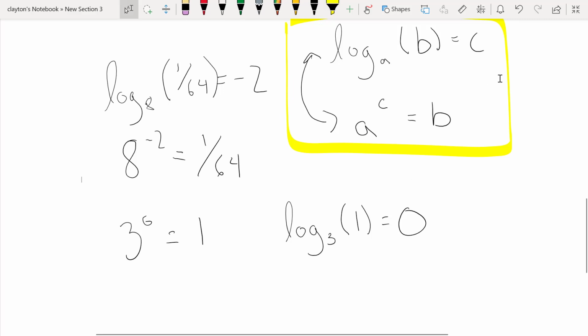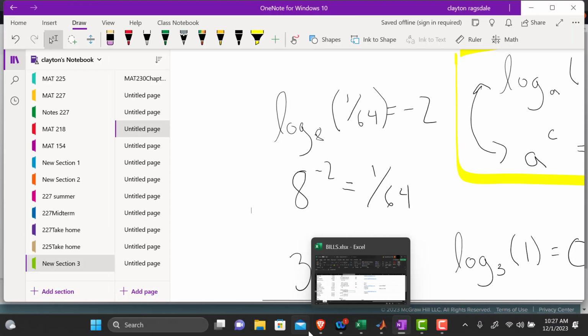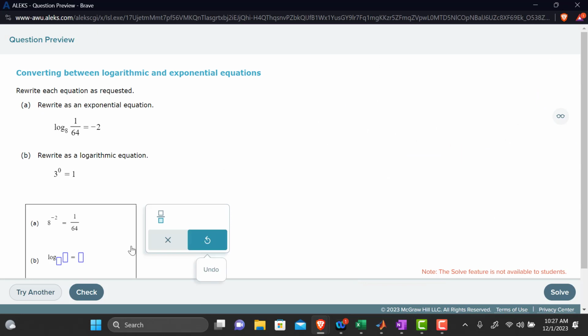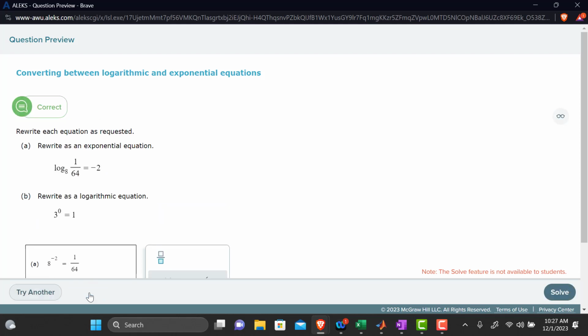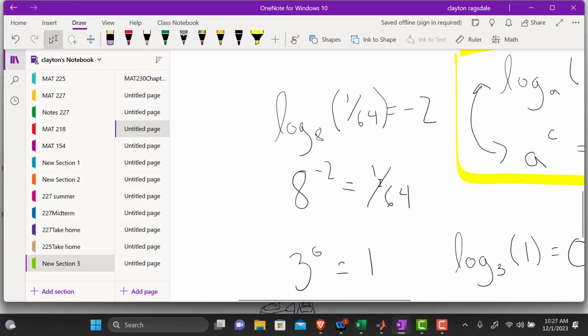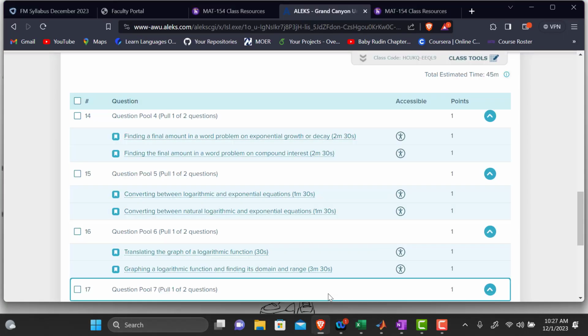So log base 3 of 1 is equal to 0. And let's go ahead and check. Awesome.